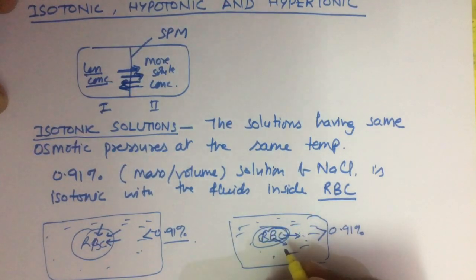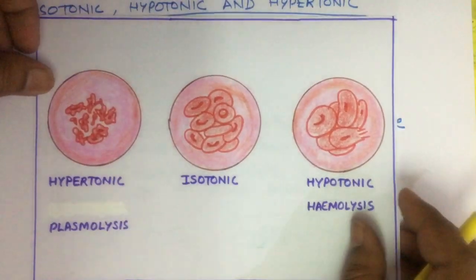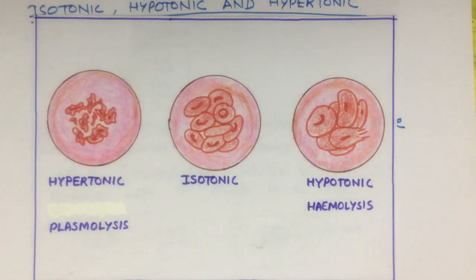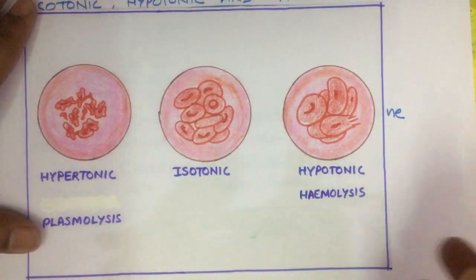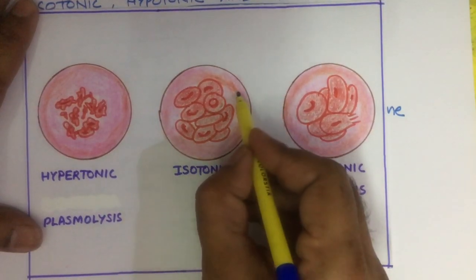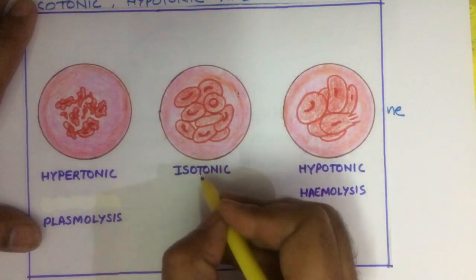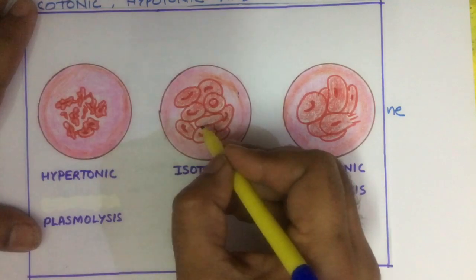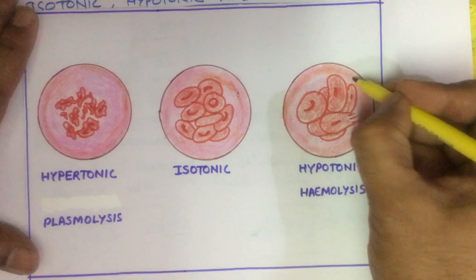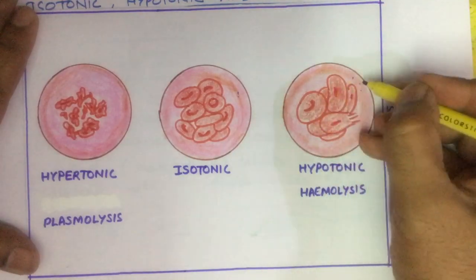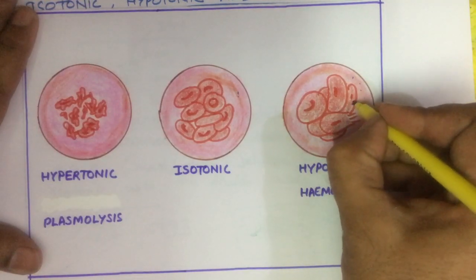This is a hypertonic solution. We can explain with the help of a diagram. These are the cells of RBC. Now you see this is isotonic, meaning outside the concentration is 0.91% sodium chloride solution, and when the RBC is placed it is well shaped. Now when it is placed in a hypotonic solution, what happens? The concentration outside is less than 0.91%, so the water molecules go inside the cell.